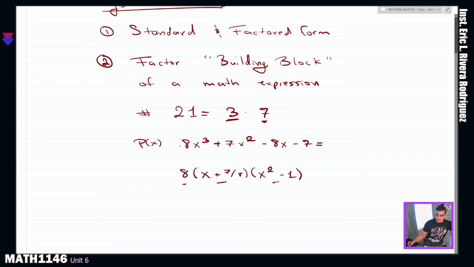From the building blocks, or the factors, there's an important property.